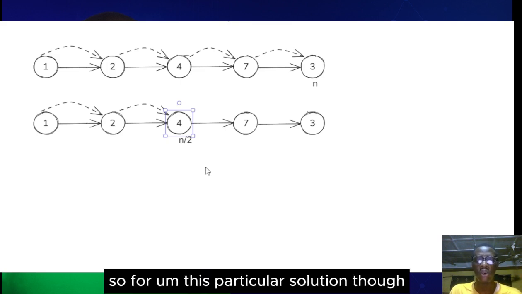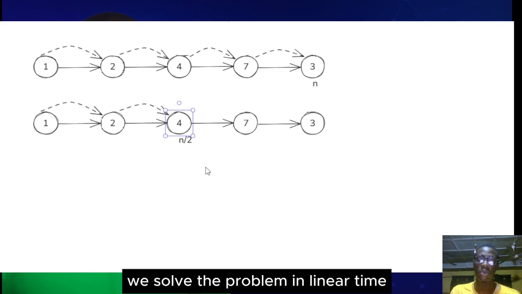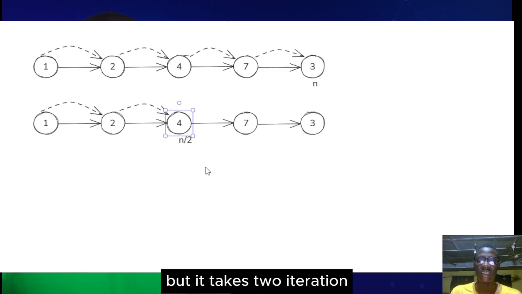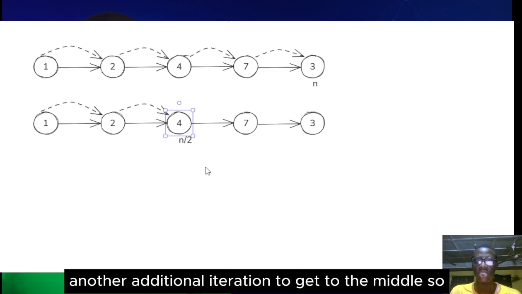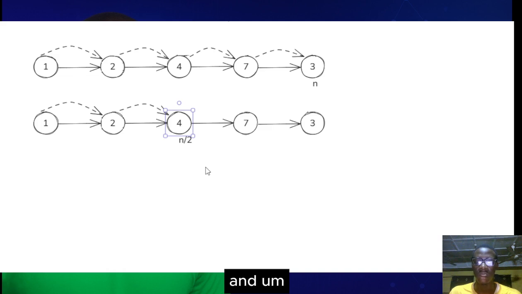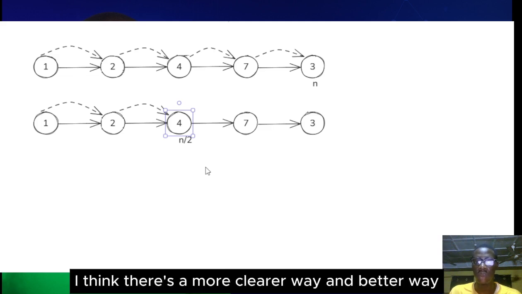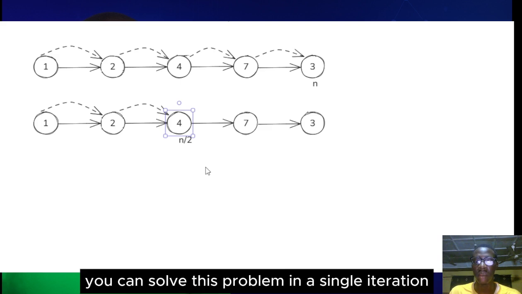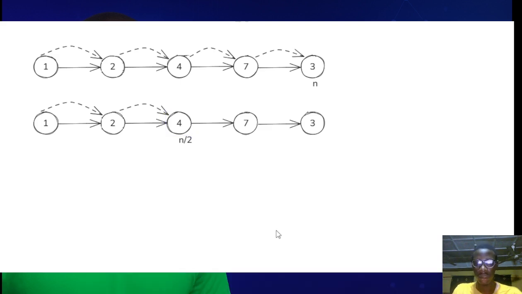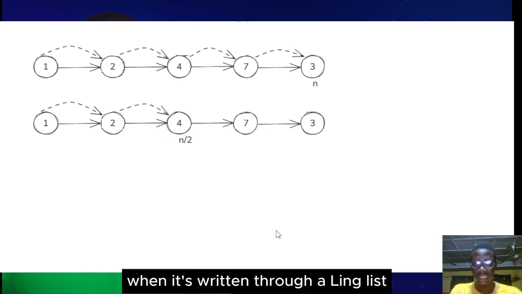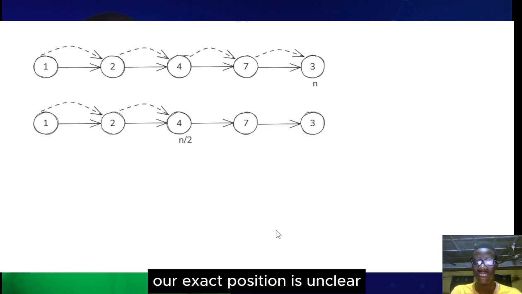Though this solution solves the problem in linear time, it takes 2 iterations: the first to find the length, and then another iteration to get to the middle. I think there's a clearer and better way to solve this problem in a single iteration. When iterating through a linked list, our exact position is unclear.